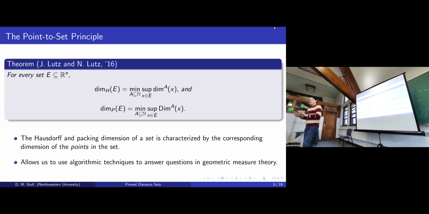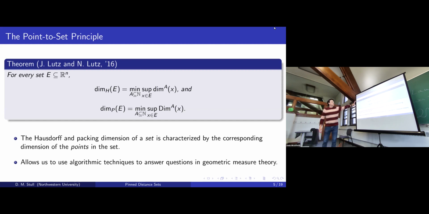So I'm not going to give you the classical definitions of Hausdorff or packing dimension. I will just say that they are the most widely used notions of size for small or irregular sets. So these are just notions of size that quantify sets of measure 0, and using relativization and effective dimension, we can give a pointwise characterization of these two notions.